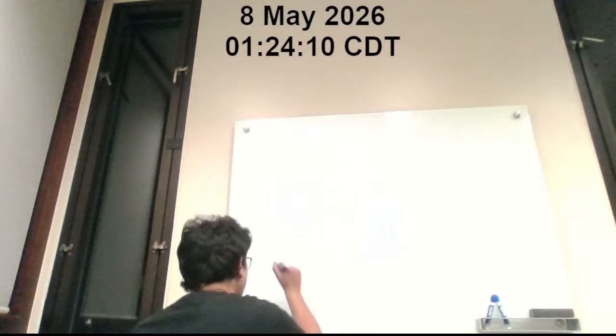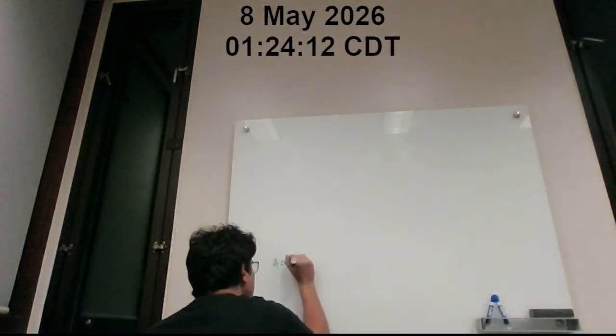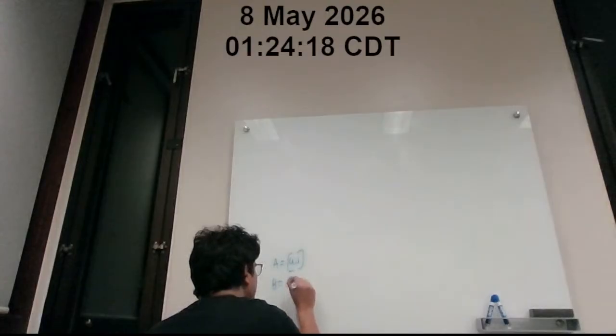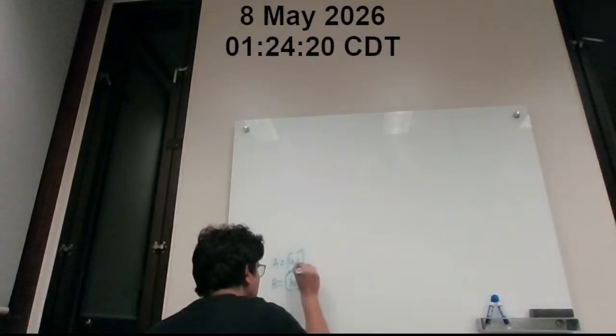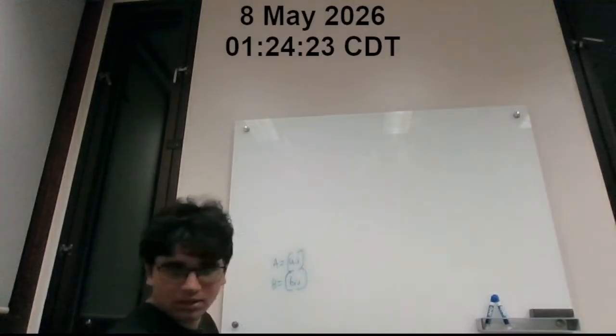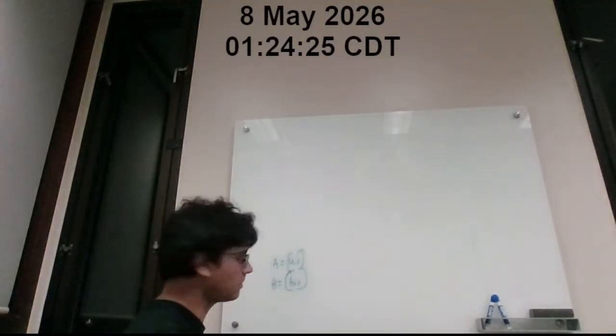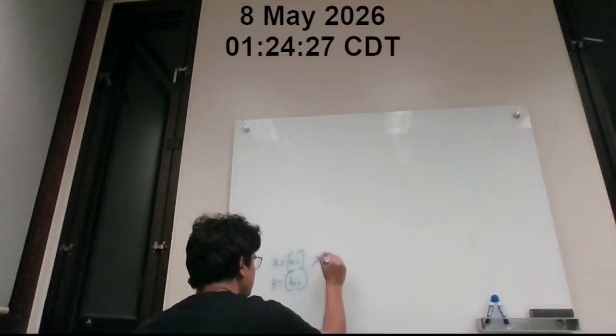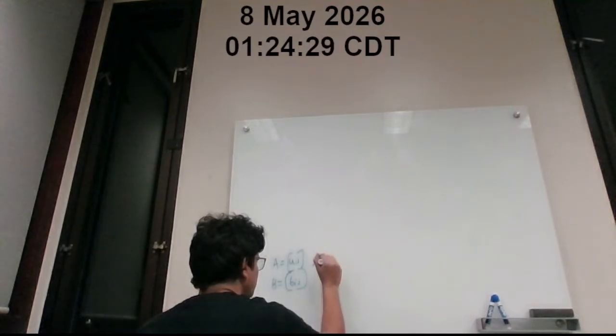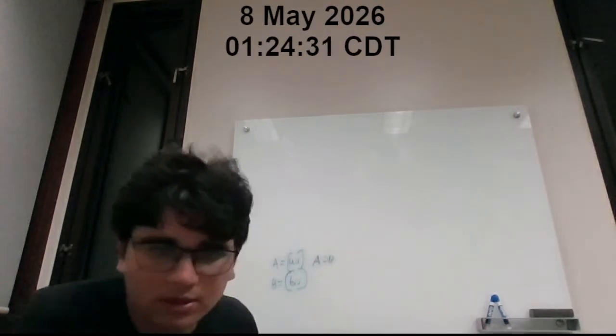Let's say A equals matrix Aij, and B equals Bij. i and j are rows and columns, by the way.